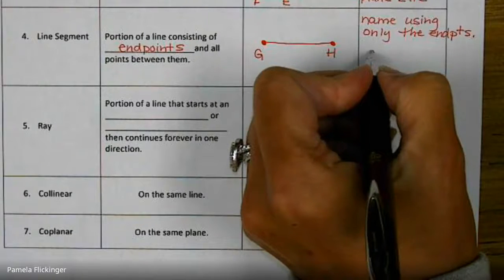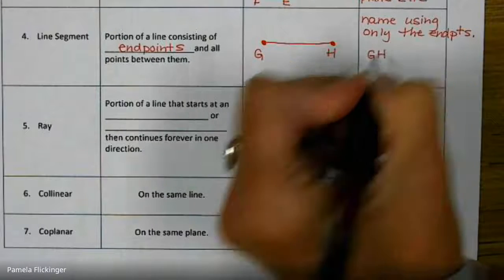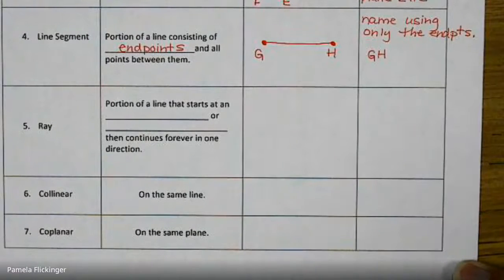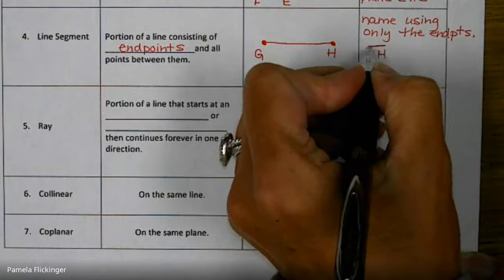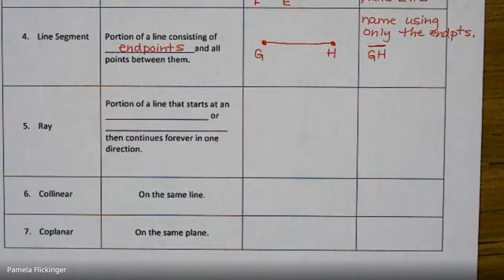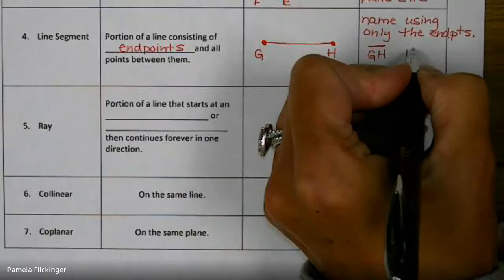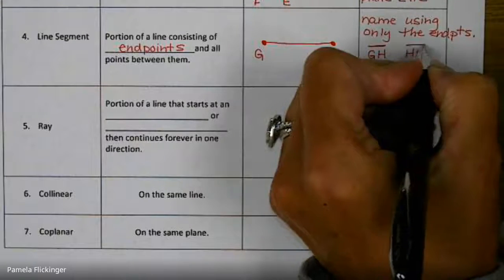So we would call it segment GH. Again, without a line over it, it's not a shape or a symbol of any kind. So you've got to have the right symbol, which is just a segment, no arrows. You can reverse the letters, and this could also be segment HG.